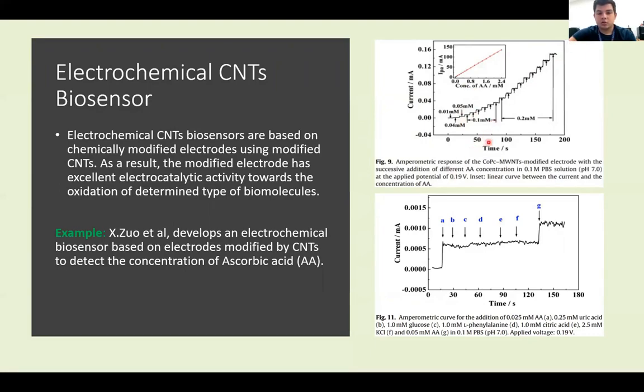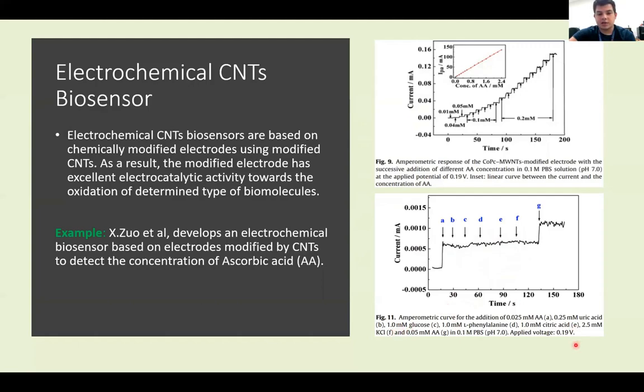We can also have this detection in a mix of several solutions, as we can see in this image. The addition of other compounds to the solution didn't have a significant interference to the sensing of the ascorbic acid. So we can see, from A to F, the addition of different substances to the solution didn't have a significant response from the electrochemical biosensor.